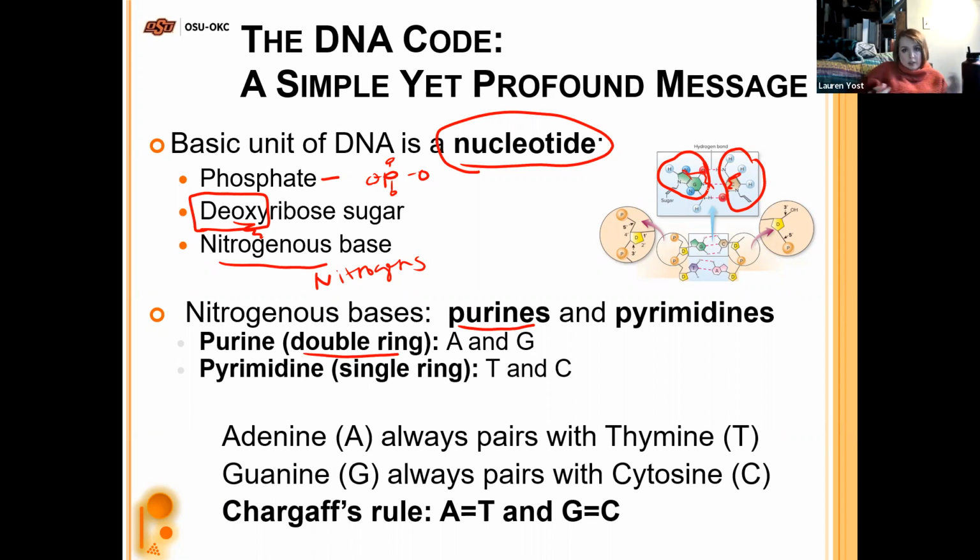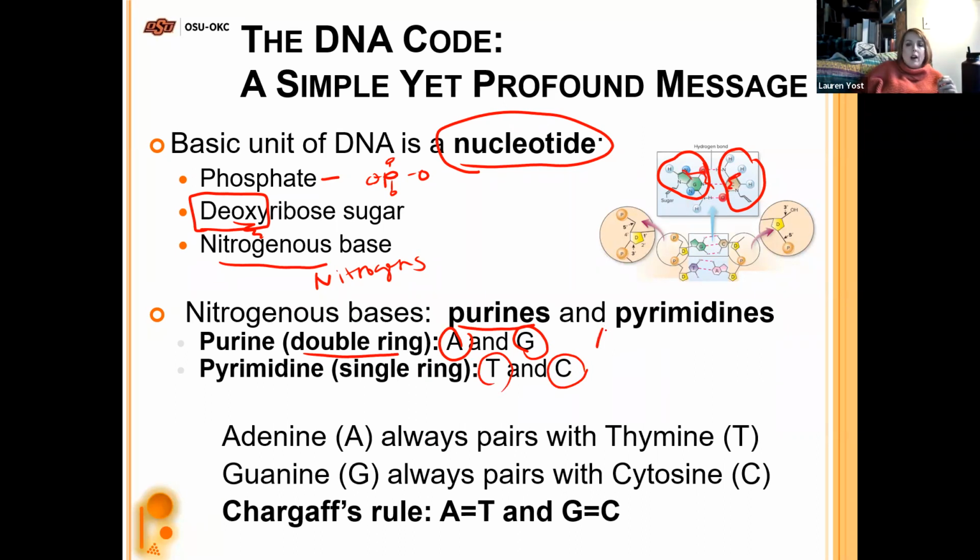So purines are the double rings. Pyrimidines are the single rings. Purines are going to include the A and the G, and the pyrimidines are the T and the C. Now, this might not help, but I'm going to try to share it with you.